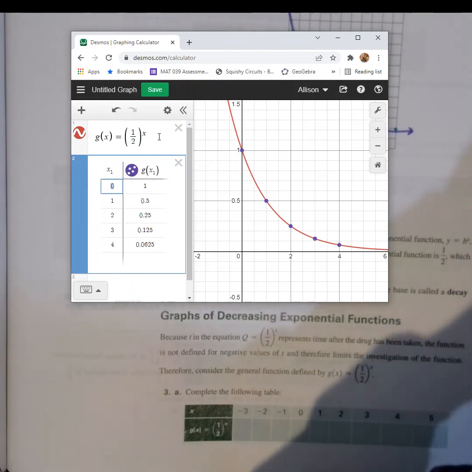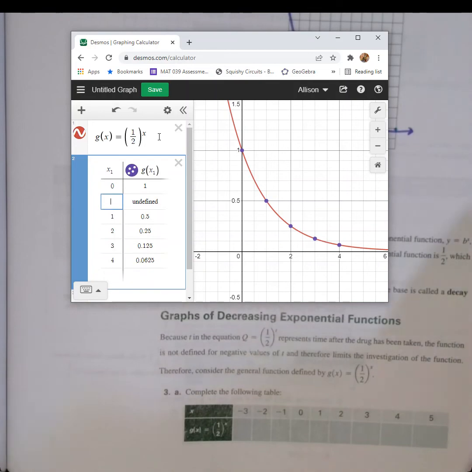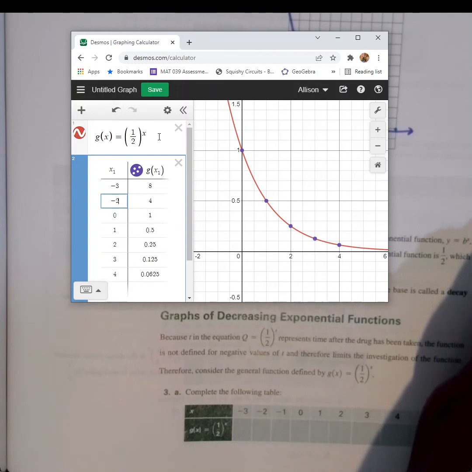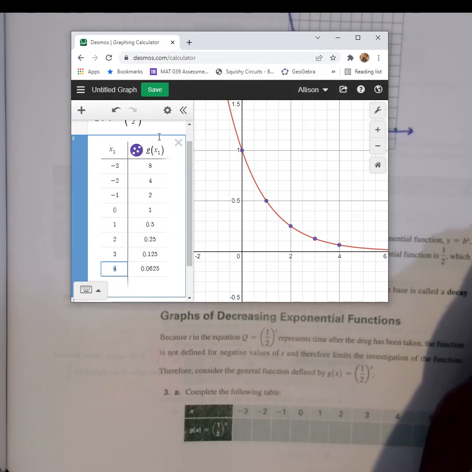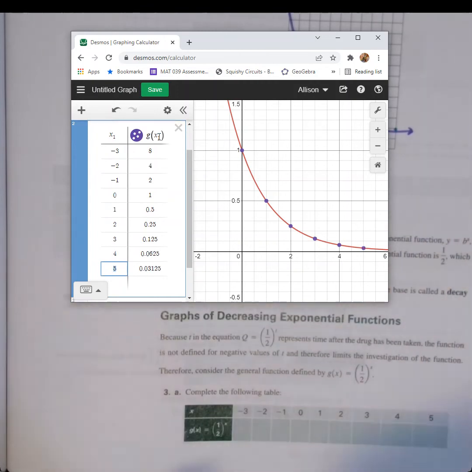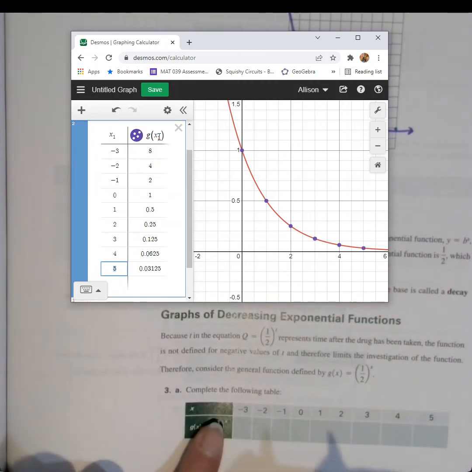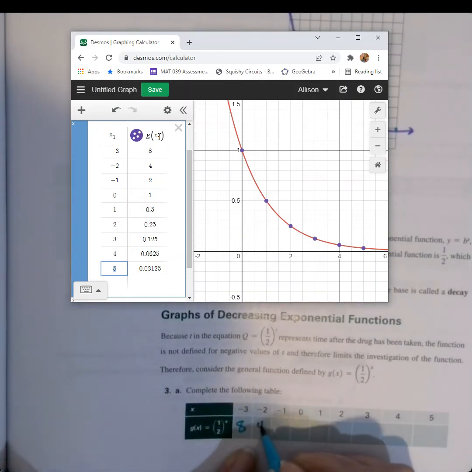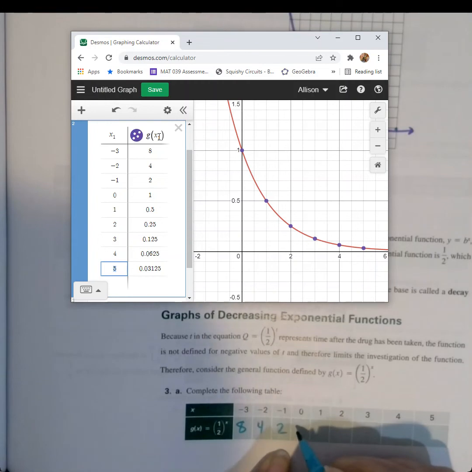All right, and then we're going to add in some rows for negative numbers: -3, -2, -1, 0, 1, 2, 3, 4, 5. Perfect. So when you put -3 in, you get 8, and then 4, and then 2, and then 1, and then 0.5.